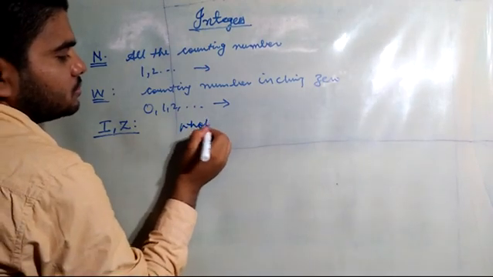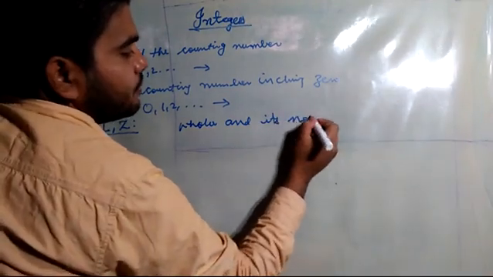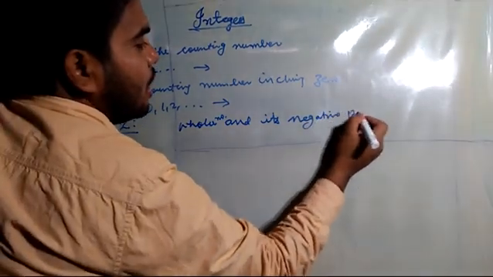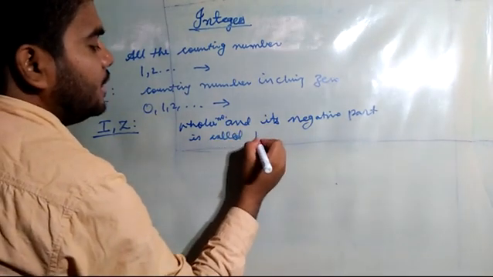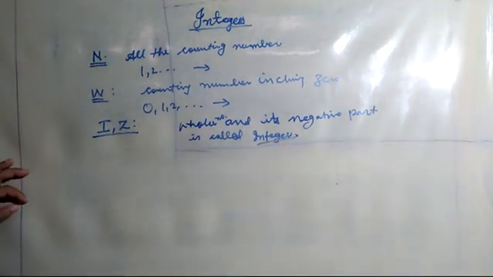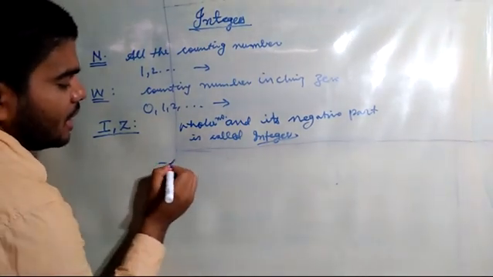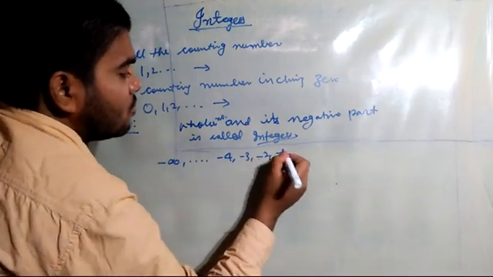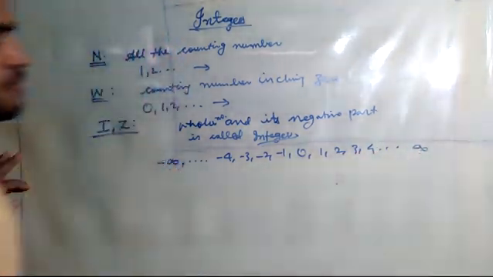Whole numbers and their negative part are called integers. So the numbers will be like minus infinity, minus 4, minus 3, minus 2, minus 1, 0, 1, 2, 3, 4 and so on up to positive infinity.